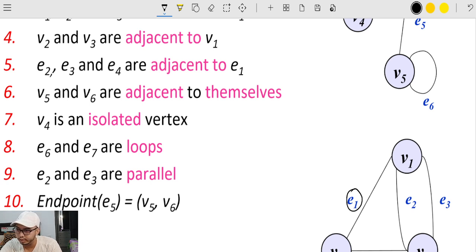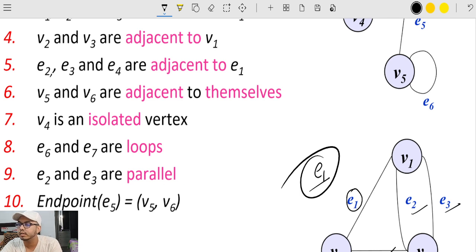V2 and V3 are adjacent to V1. Now you can see that E2, E3, and E4 are adjacent to E1.